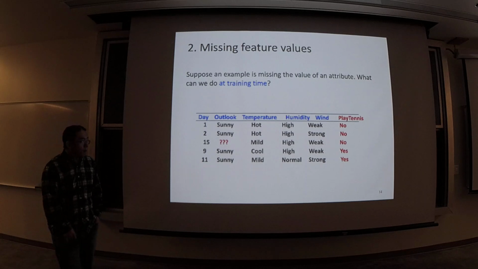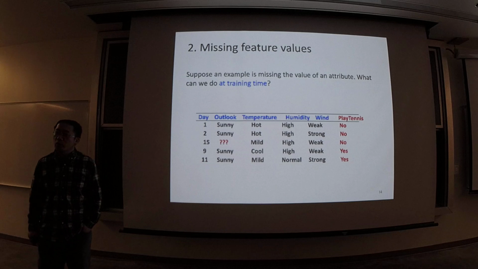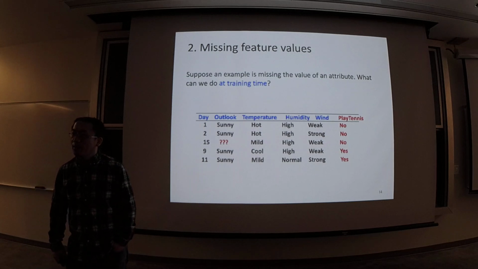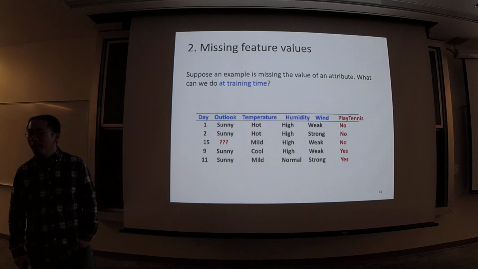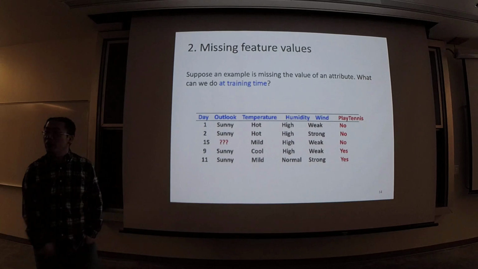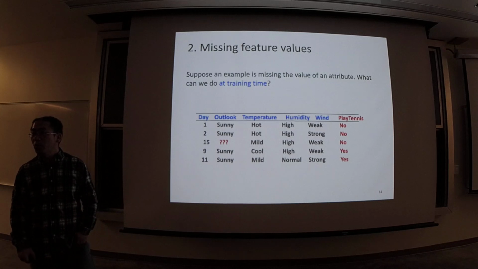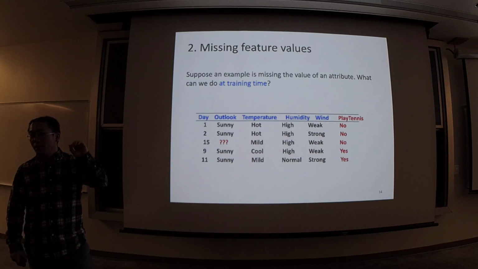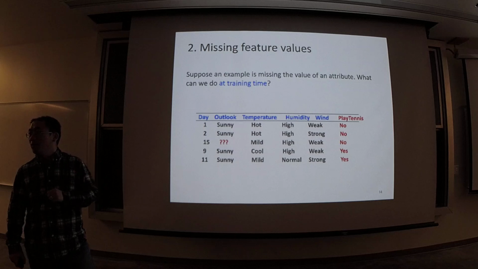So we still use the previous supervised learning task we discussed. Suppose we want to construct a decision tree to predict whether I'm going to play tennis according to the weather condition. Right? Previously we created a decision tree with 14 complete examples, right?